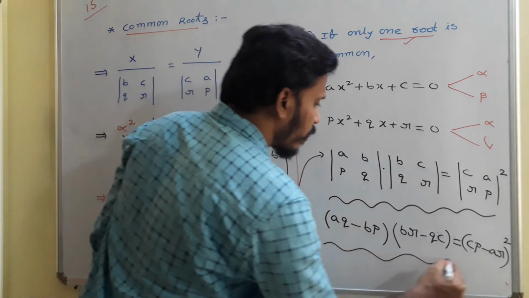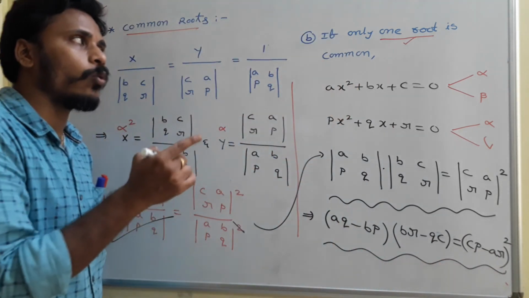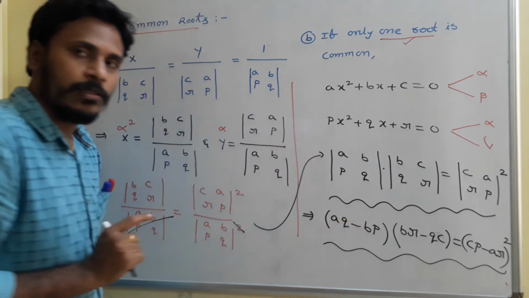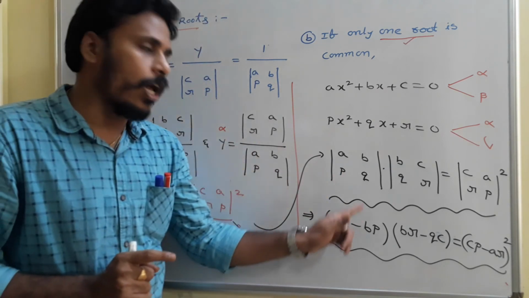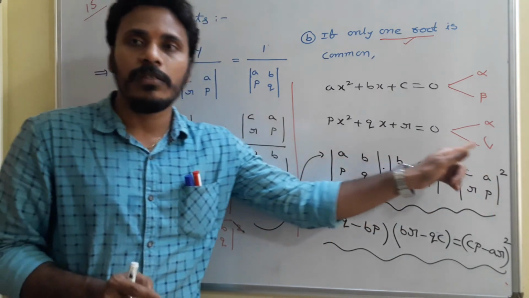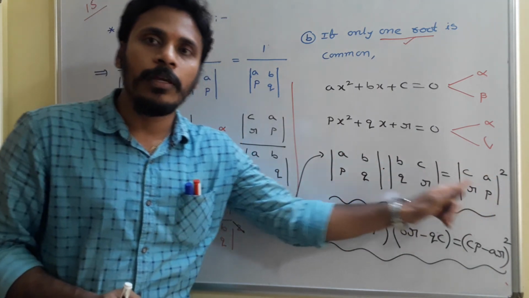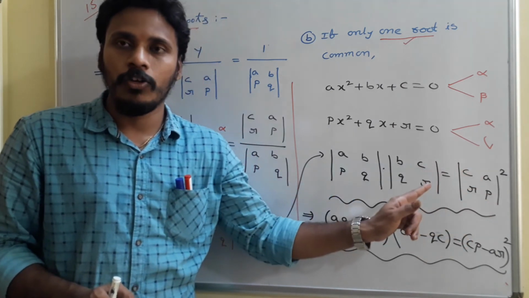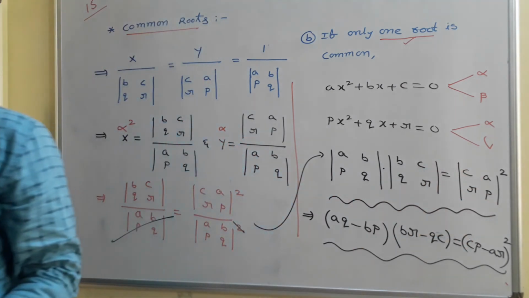That is the relation between the coefficients when two equations have one common root. This relation you need to memorize. Either you can memorize this one or that, but it is very easy to memorize because AB, BC, CA, PQ, QR, RP, the product is equal to this one square. Is it right? Just have a look and I will discuss the next point in this.